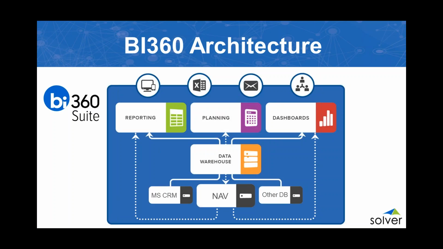As soon as you hit the run button on a report, you get the latest and greatest data from Dynamics NAV, and that makes a lot of customers smile. Next, we've got our dashboards. Our dashboards have that same live integration into Dynamics NAV. So if I post something in Dynamics NAV, I can see it automatically appear in our web-based dashboards. So very easy to use for those folks that are on the go.